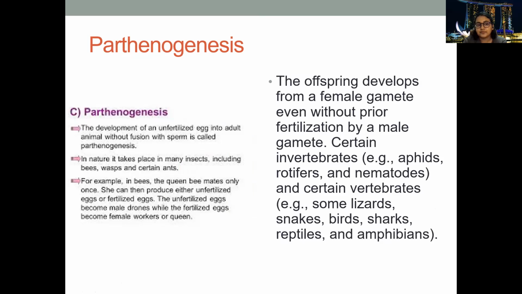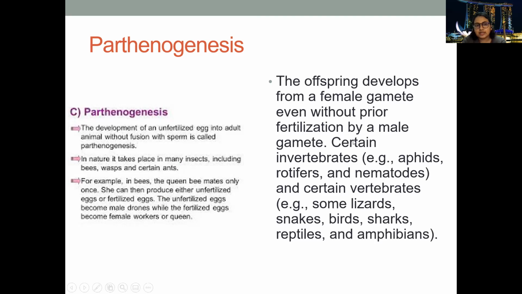The baby develops from the ovum without fertilization. In plants or lower animals we have seen there is no involvement of gametes, but in parthenogenesis a gamete is involved, only the female gamete, the ovum, giving rise to an organism, with no male gamete or fertilization.